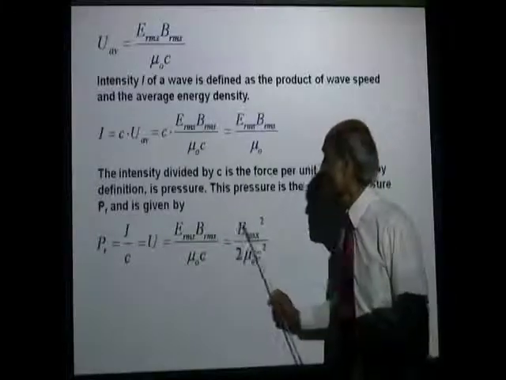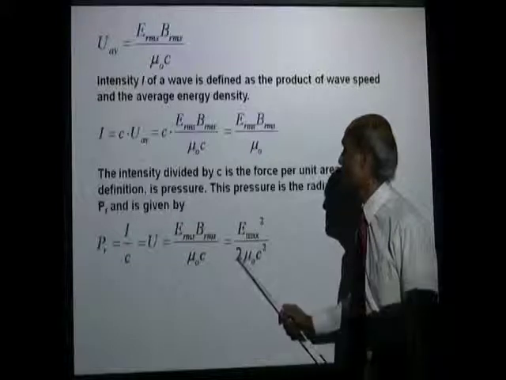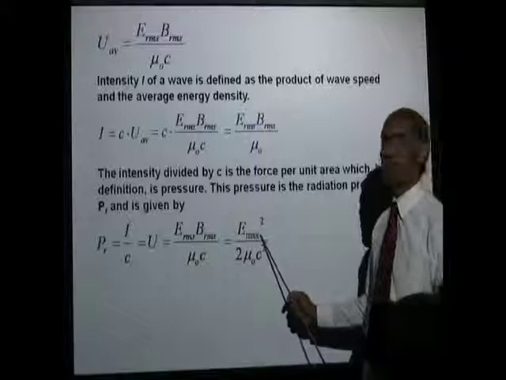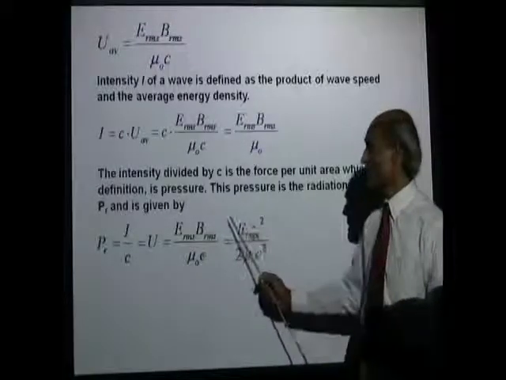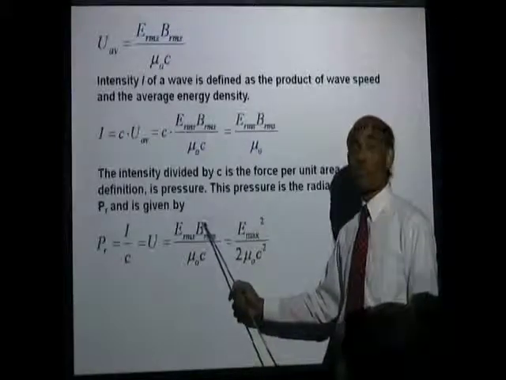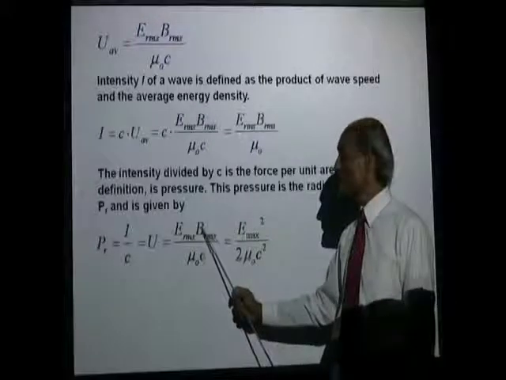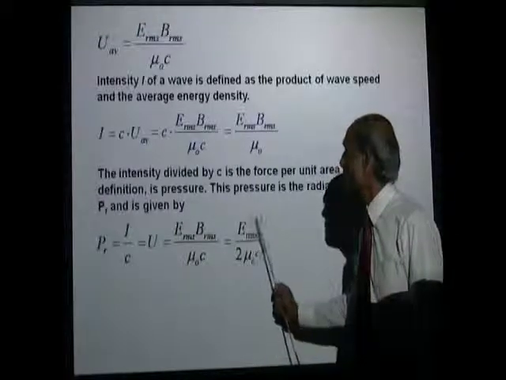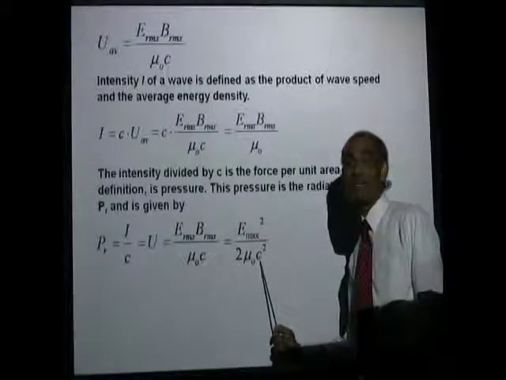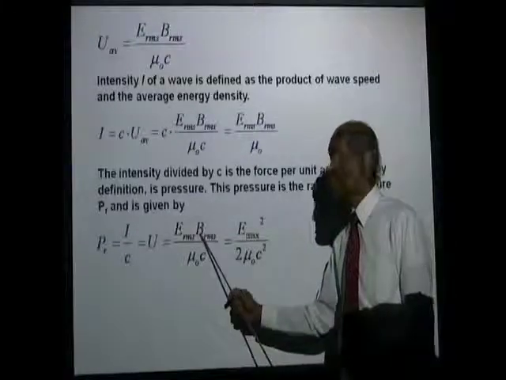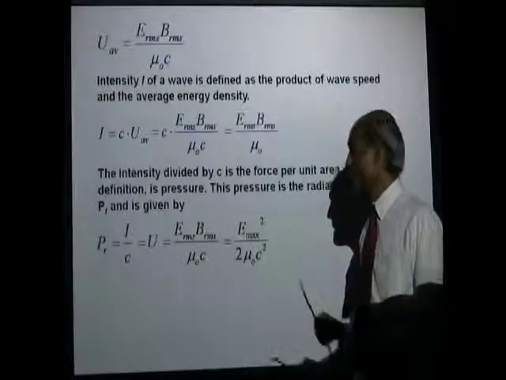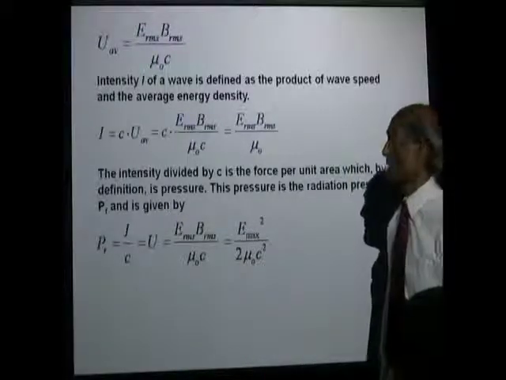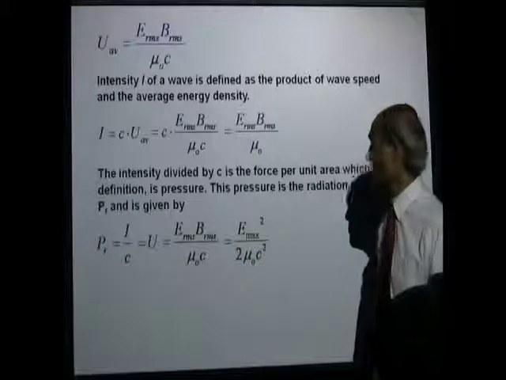You can also write it as E max squared divided by 2 mu 0 c squared. Now, how did that come about? Can you picture that? Well, E equal to CB. So B equal to E over C. And that is where the E squared comes in, and the C becomes C squared. Is that right? Replace this B by E over C, and you get that equation. So the radiation pressure is E max squared divided by 2 mu 0 c squared.